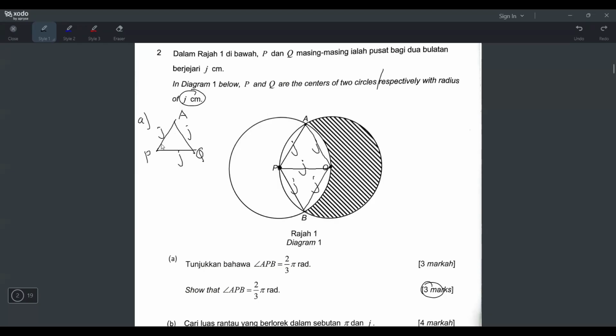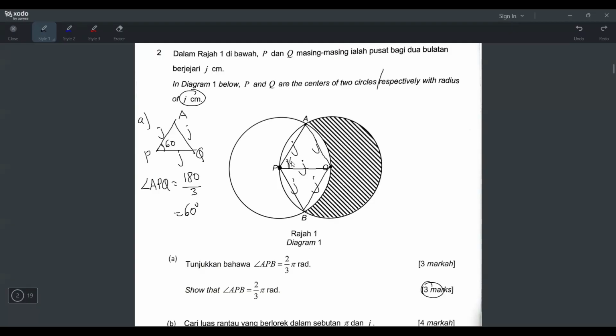That means this angle right here, APQ, must definitely be 60 degrees. Because if all 3 sides are the same length, no matter how big or small, the angles will all be the same. And the total angle inside a triangle is 180. So my angle APQ will be 180 divided by 3, which gives you 60. Confirm 60.